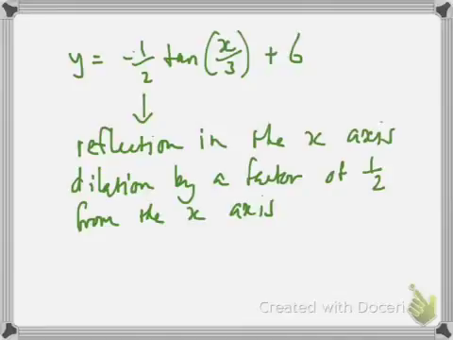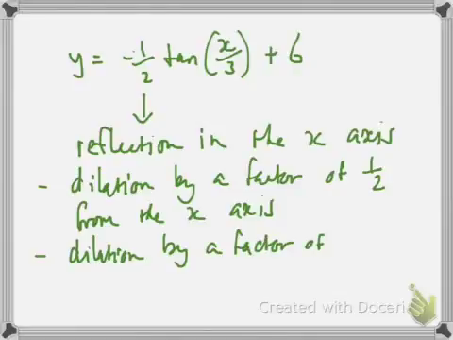Because we've got 1/3 x there, there'll be another dilation here, a dilation by a factor of, now, as I said, that coefficient of x there is 1/3. So this dilation is 1 over 1/3.